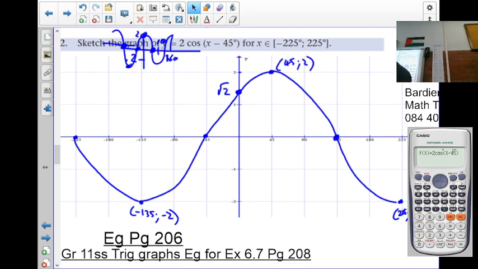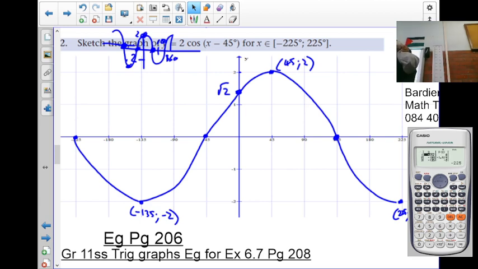So if it's g of x, you could put two graphs on the calculator, and it will give you two sets of readings there. We're going to start at negative 225 and we're going to end off at 225. Then you're going to have steps of 45 degrees.